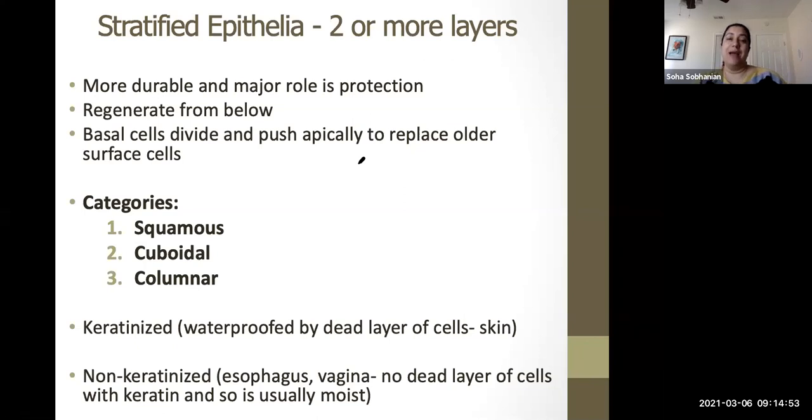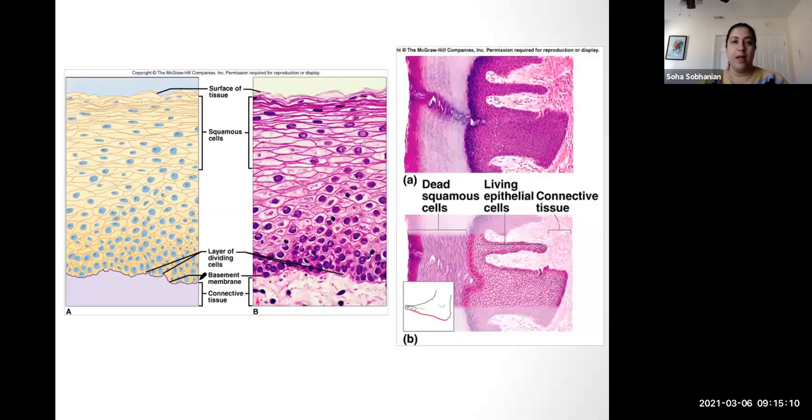So a stratified epithelium, if we're talking about a stratified again, we're talking about more than a one layer cell stacking on top of each other. You have three types, squamous, cuboidal, and columnar, right? Based on the shape of the cells. This one, if you guys are looking at this, what do you think this looks like? Are these cube-shaped, long cells, or flattened cells? So stratified squamous, correct. So these are flattened cells.